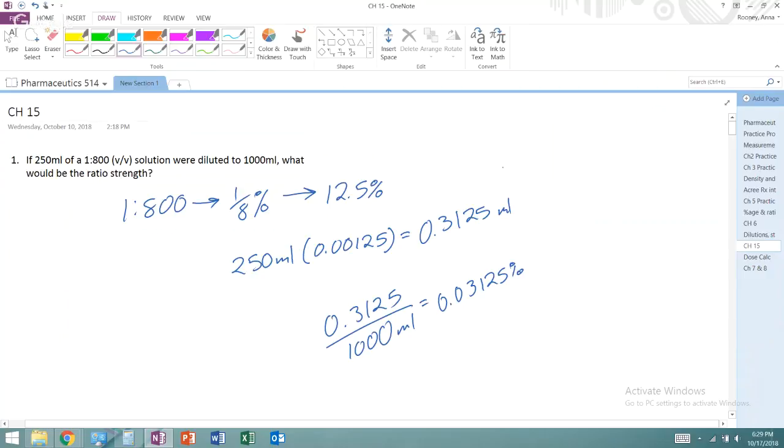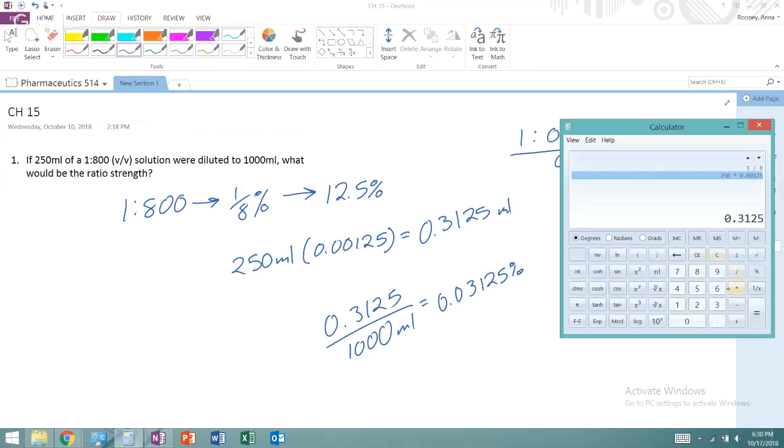And then, so you want to figure out the ratio. So you have to take the percent, change it back to its real number, I believe. And then you divide both sides by that number.